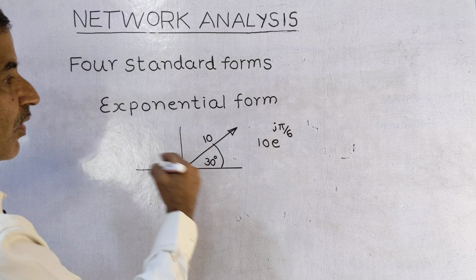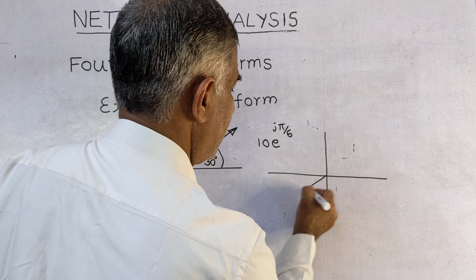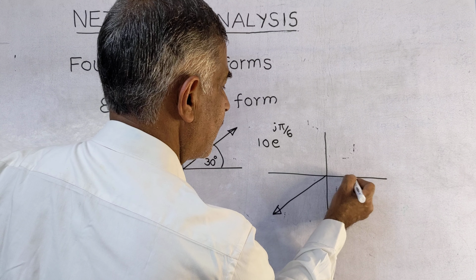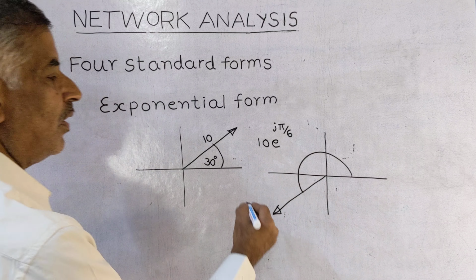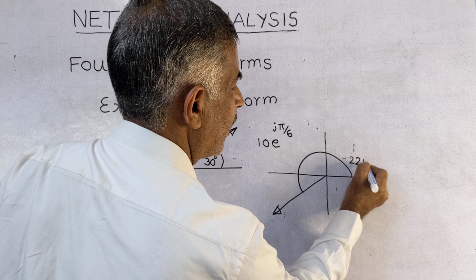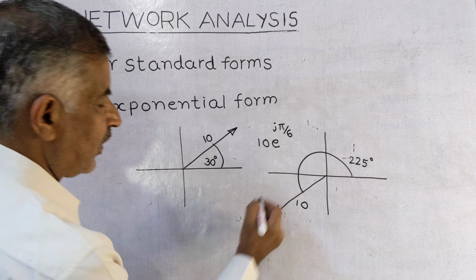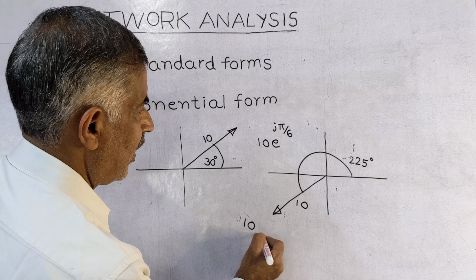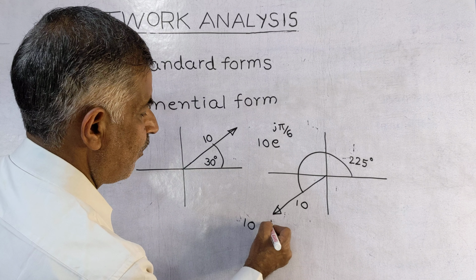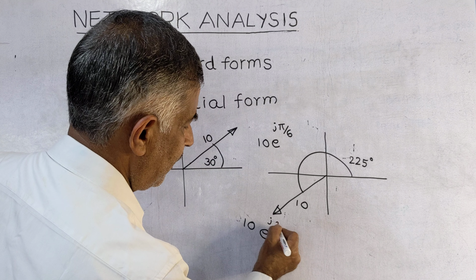For example, if it is like this, say this angle is 225 degrees with a length of 10 units, then it is represented as 10 e power j 225 degrees.